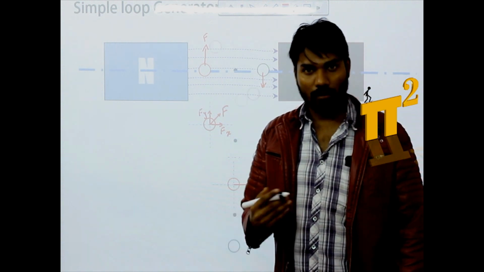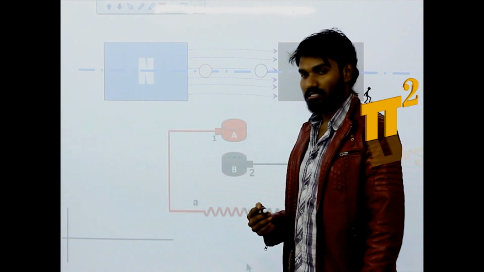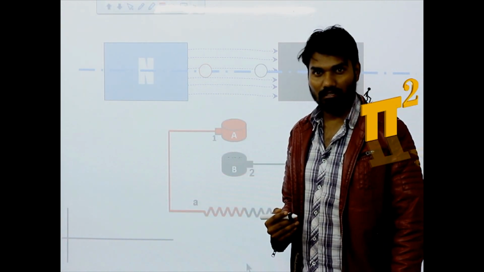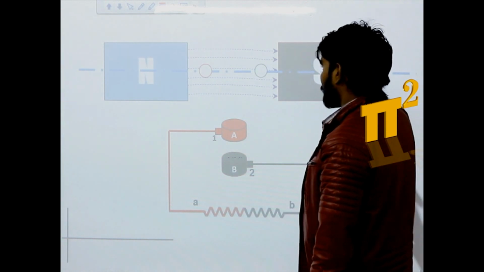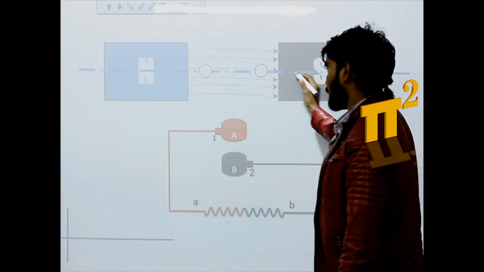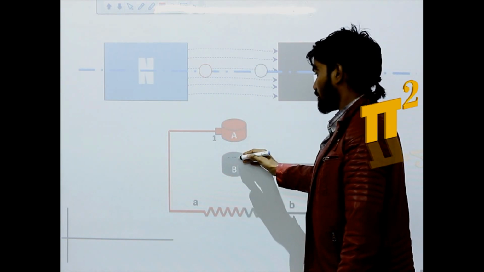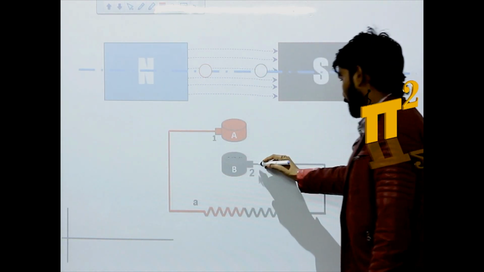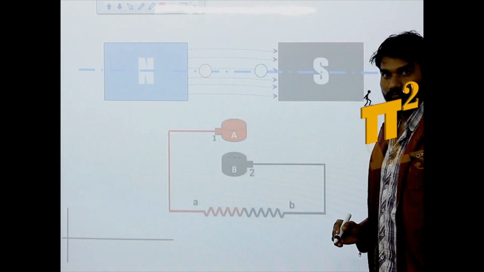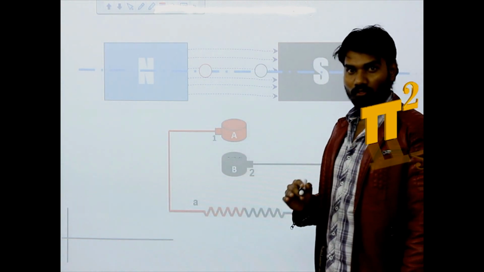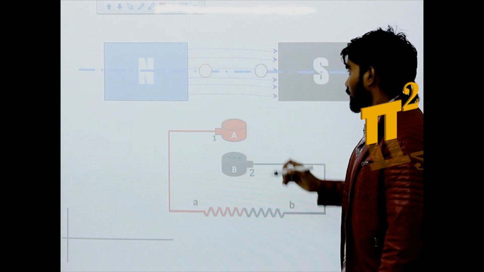Now let's look at the second part, that is EMF generation. We know this form: poles, conductors, slip rings, brushes. Brushes are fed to a load. You follow the terminology carefully.